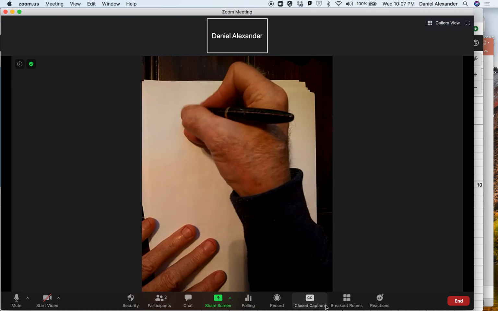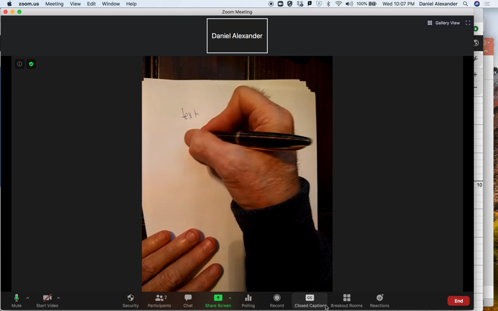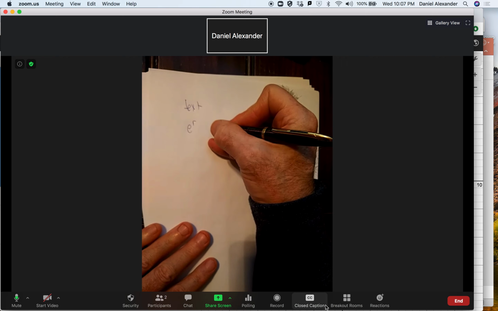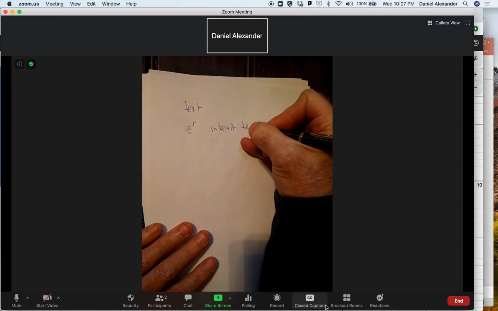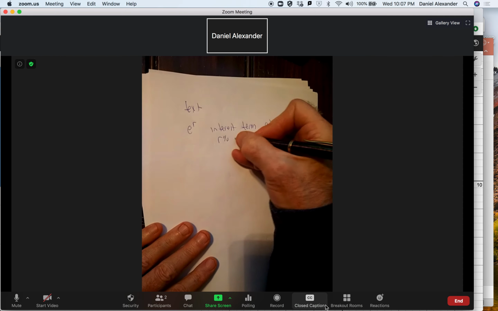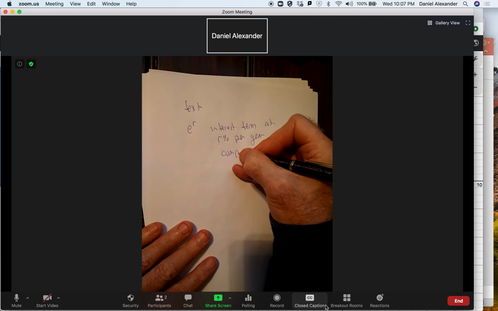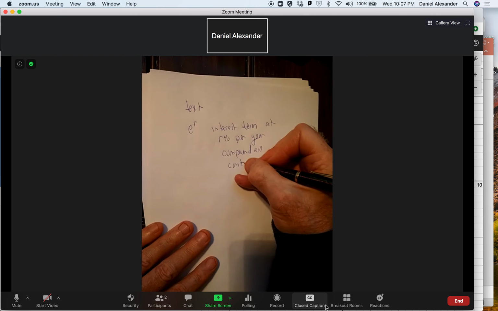The text talks about this, e to the r, and that's going to be your interest term at r% per year, compounded all the time, so continuously.